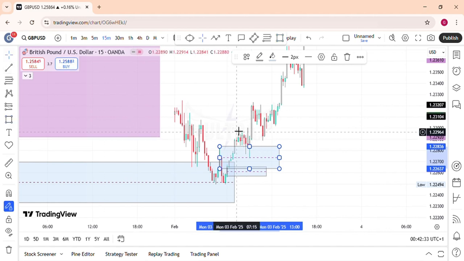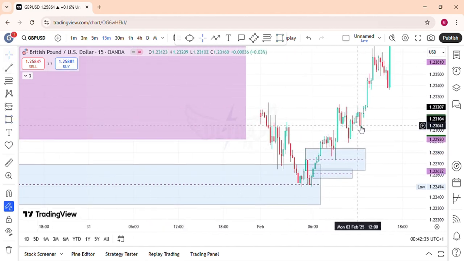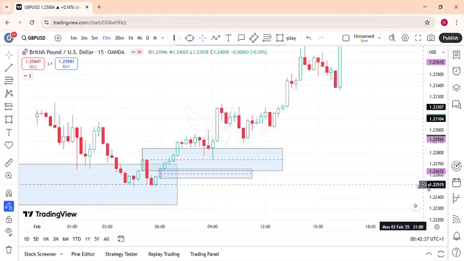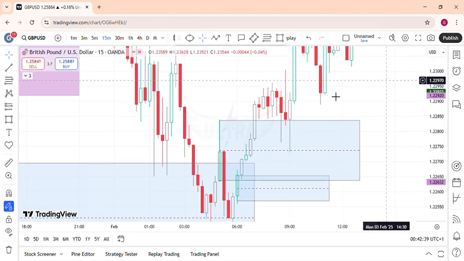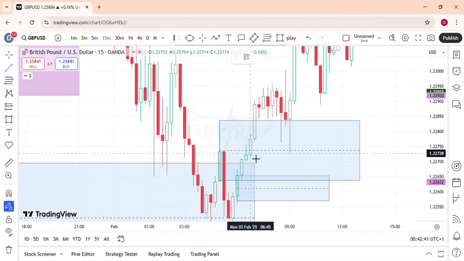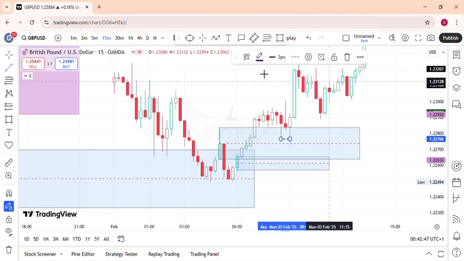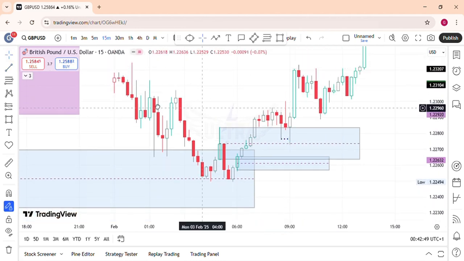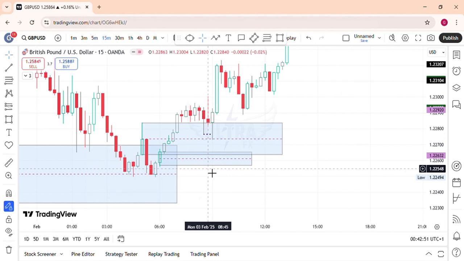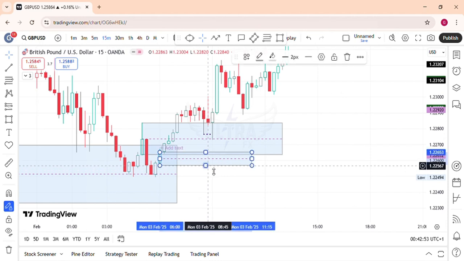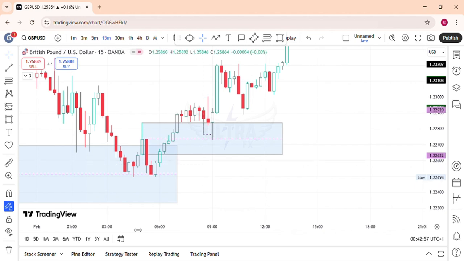After market tapped into this breaker, you can see that the market also had a liquidity that was taken here. On a lower time frame, this liquidity was taken here. So market failed to tap into this discount zone there.